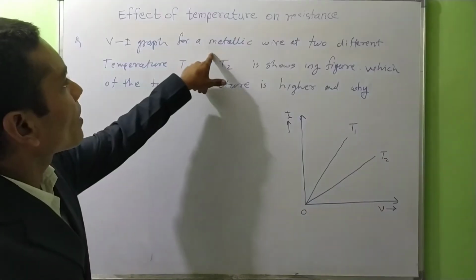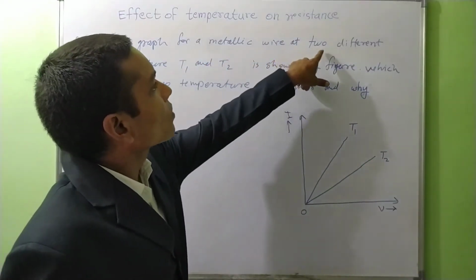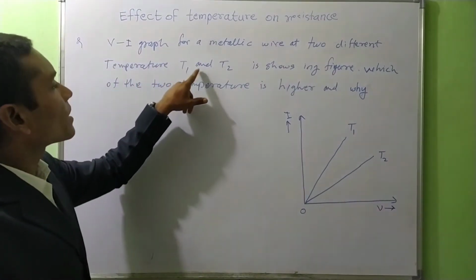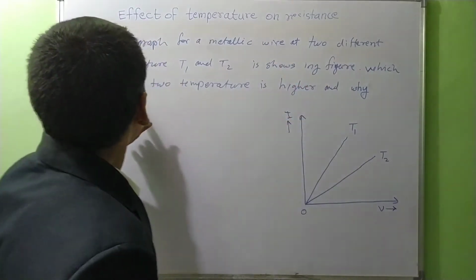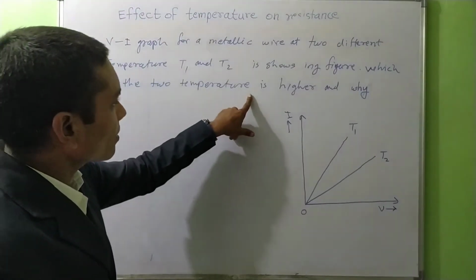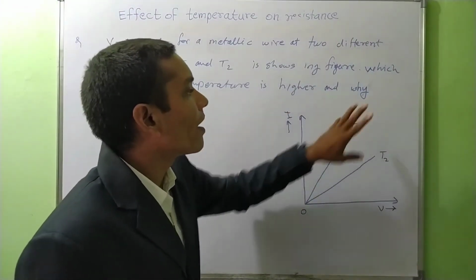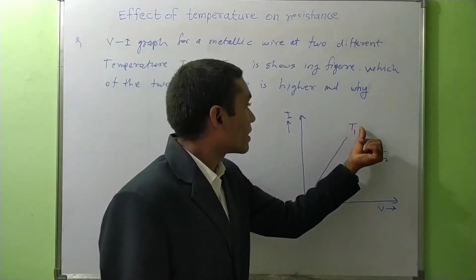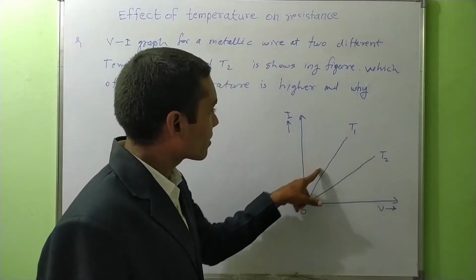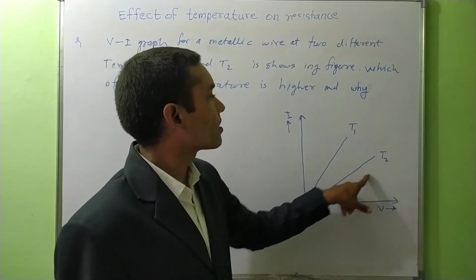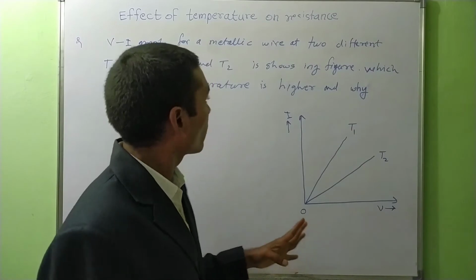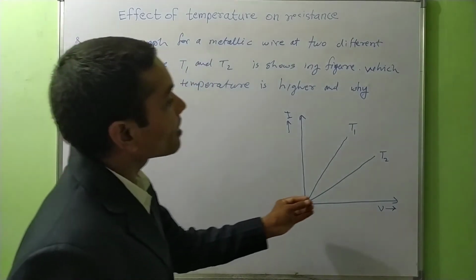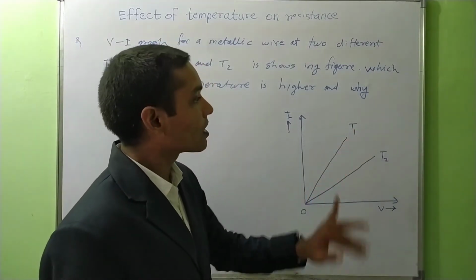In this question, the VI graph for a metallic wire at two different temperatures T1 and T2 is shown in the figure. Which of the two temperatures is higher and why? This T1 is the temperature for this line and T2 is the temperature for this line. Okay, there are two temperatures. Now which temperature is more, T2 or T1?